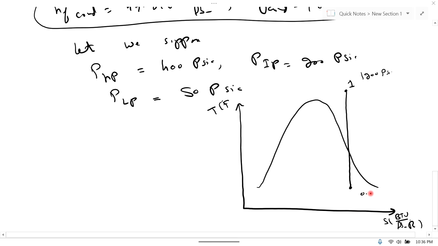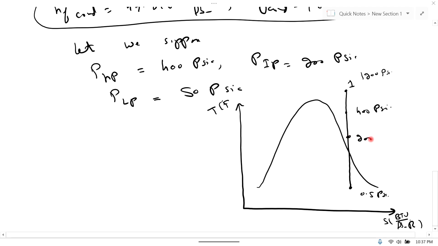Here pressure is 0.5 psi, and there are three sections. One is 400 psia, second is 200 psia, and third is 50.